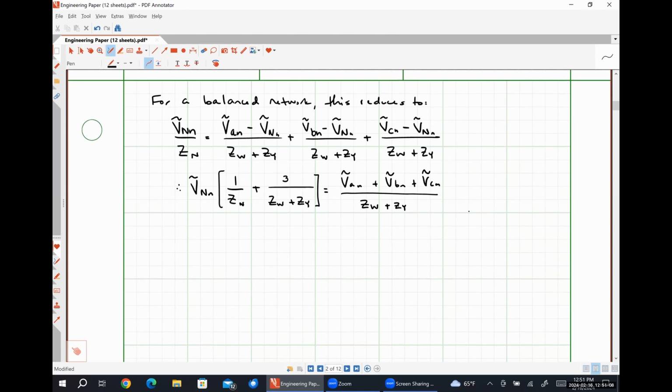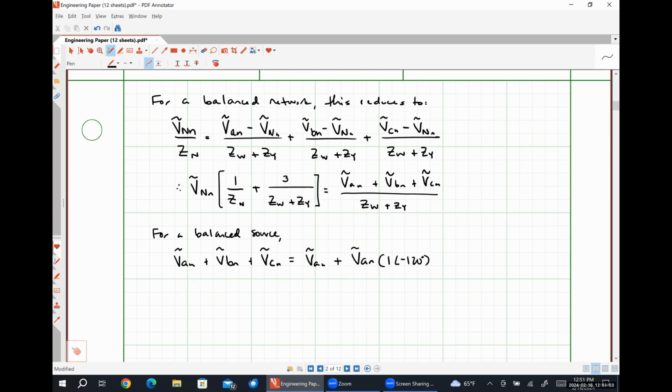So this is kind of an aside thing here, but for a balanced source, VAN plus VBN plus VCN is going to look like VAN plus VAN multiplied by 1 angle negative 120 degrees, because we know our B phase has the exact same magnitude as our A phase.